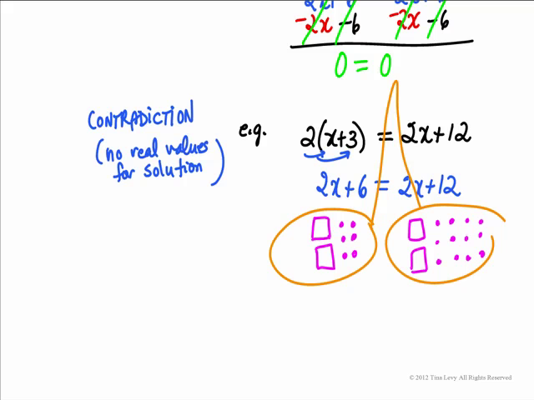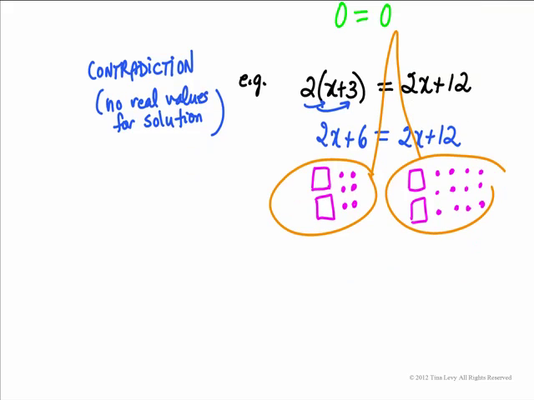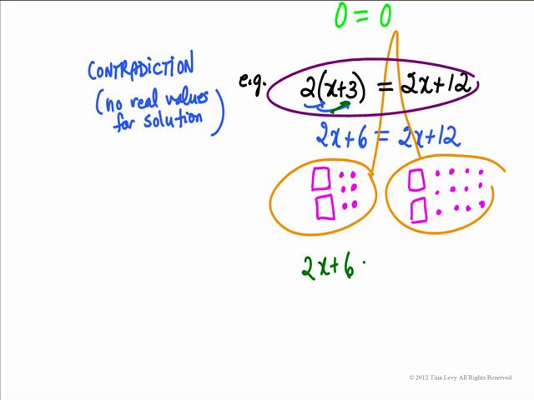Now, what would happen if we tried to do this problem using the solving technique? We have 2 times x plus 2 times 3, as we said, 6, 2x plus 12. If we try and solve it, we would first subtract 2x from both sides, and then we'd move the 6 over by subtracting it.